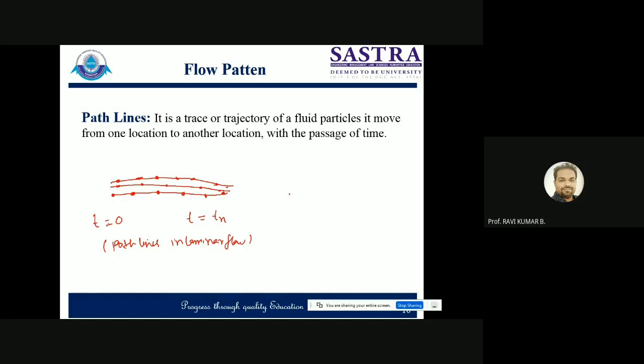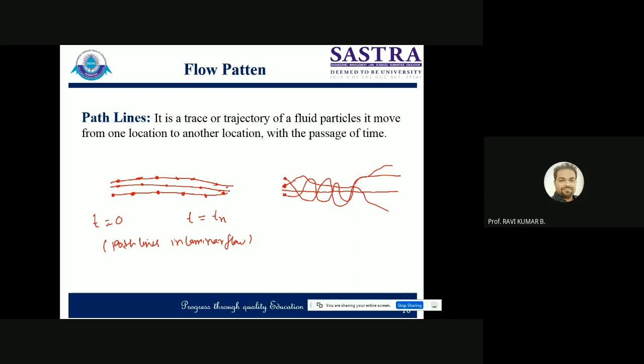Second case, when flow is turbulent, what will happen? In that case, some particles will go like this, some will travel like this, some may go like this. So there will be a lot of zigzag formation; this kind of thing may happen in turbulent flow.